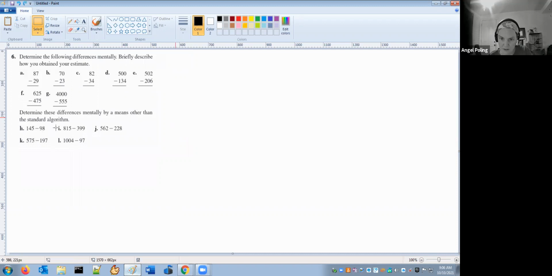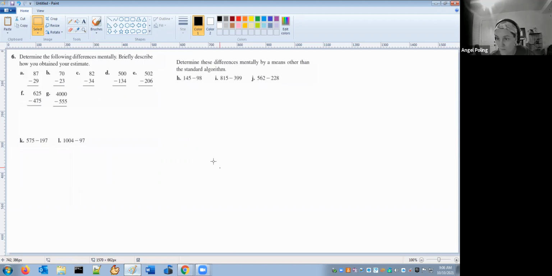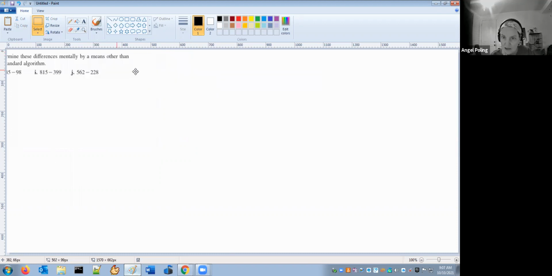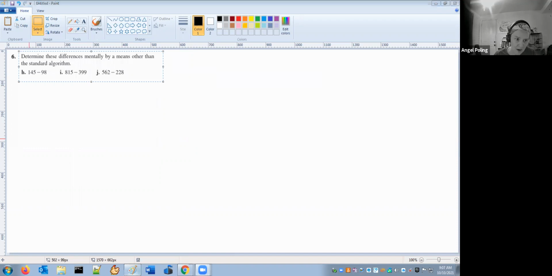So hold on, I kind of messed it up. Okay, determine these differences mentally other than by the standard algorithm, right? And so how would you go about solving these, right?